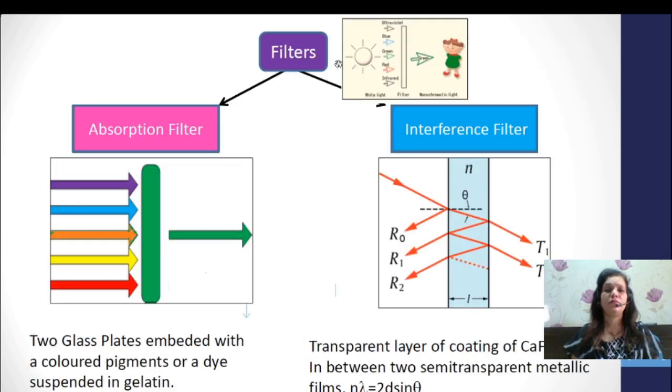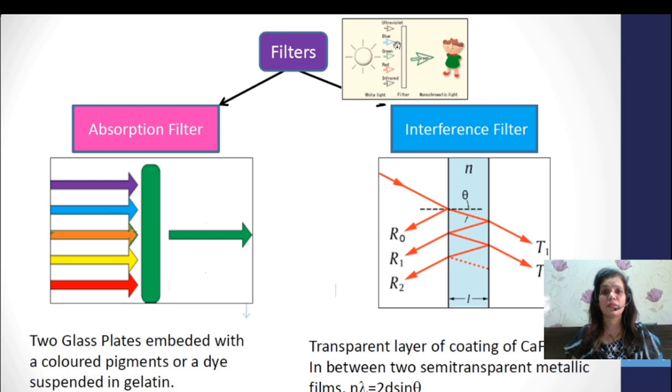Filters are the next component in your colorimeter and spectrophotometer. The name itself tells me what the role of a filter is. If you look at this diagram, you can simply understand that here I have tried to show the sun as a source of light. It gives me different colors, like we have seen in electromagnetic radiation in the second slide, that it imparts different colors depending upon the wavelength.